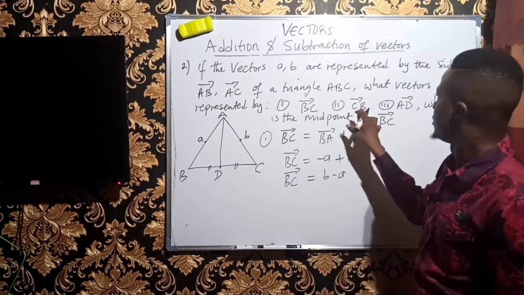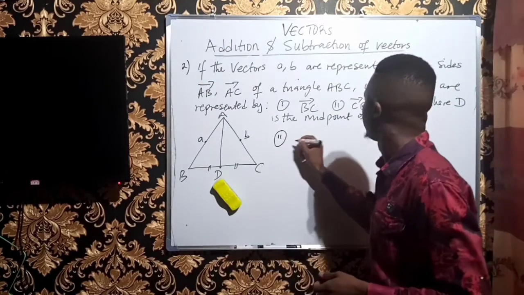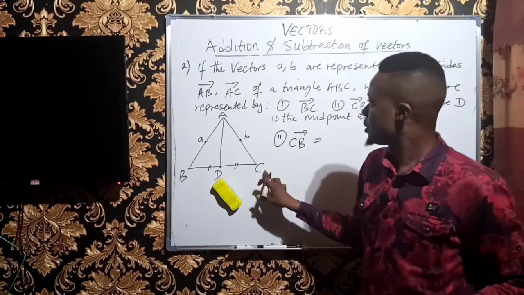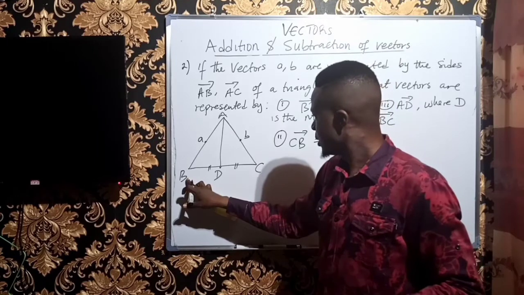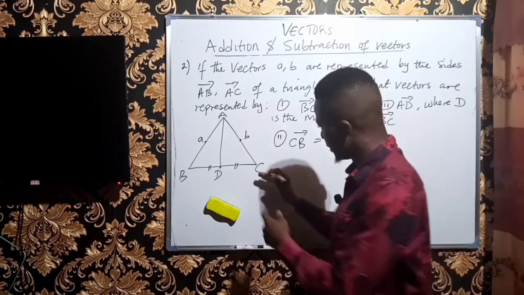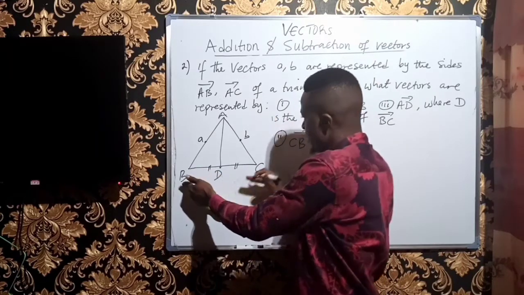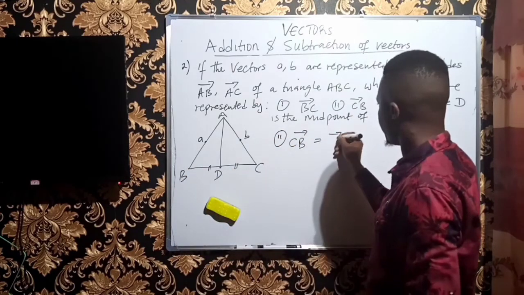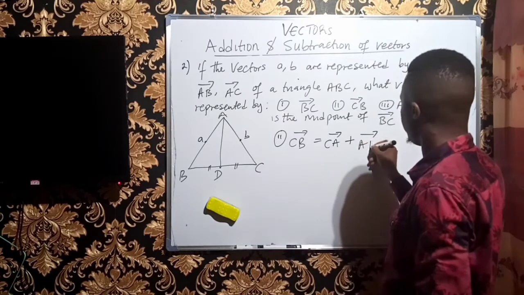So let us go for the second question. In the second question, I will have vector CB. CB is the same thing as CA plus AB. Look at it, CB, you go in the other direction. So it will be CA plus vector AB.